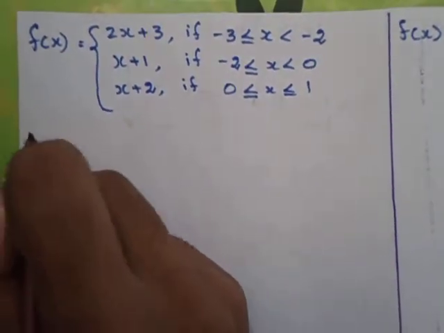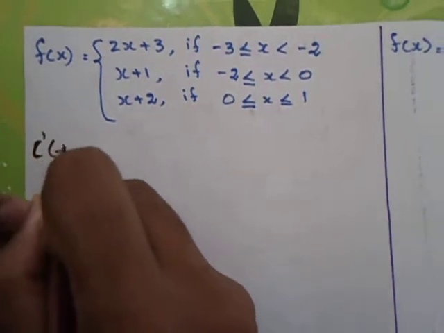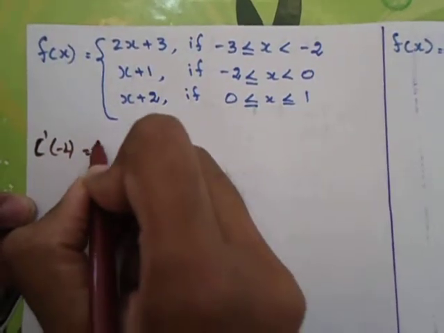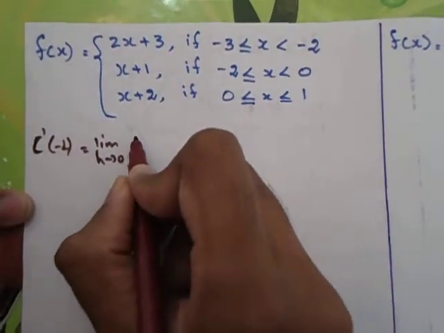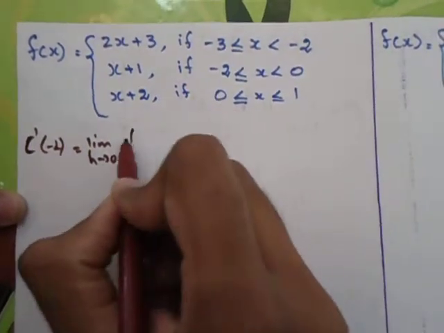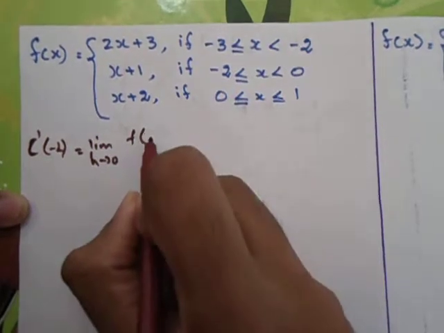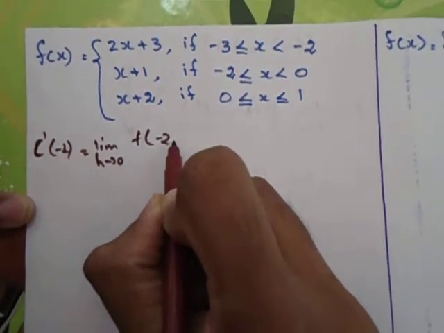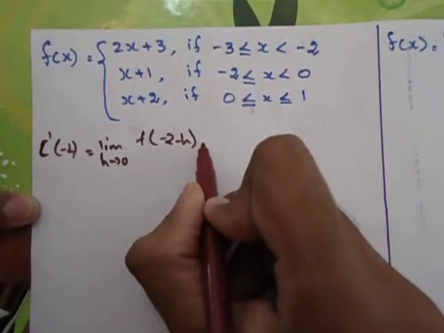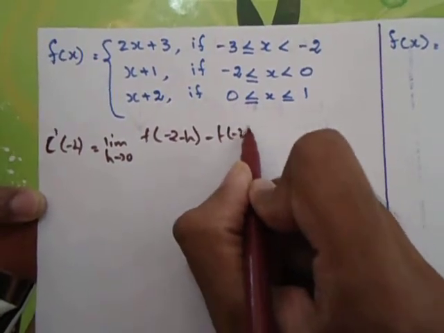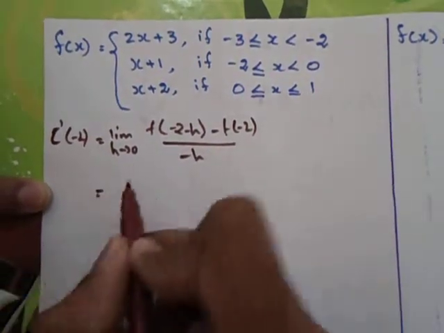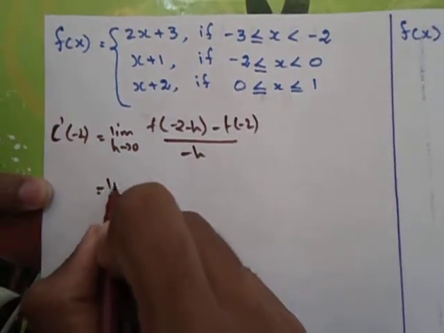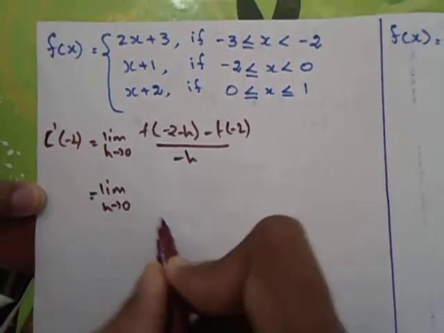-2. So we get L dash -2 is equal to limit h tends to 0 f of x minus h. In this case x is -2 minus h, minus f of -2 by minus h. So limit h tends to 0.